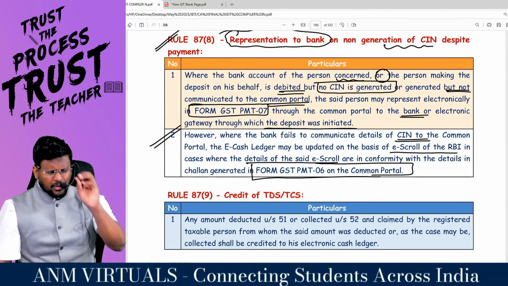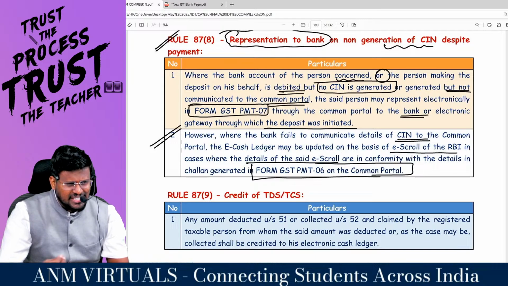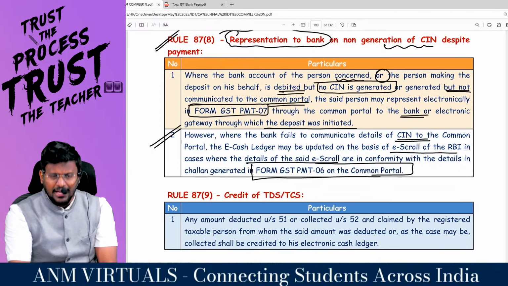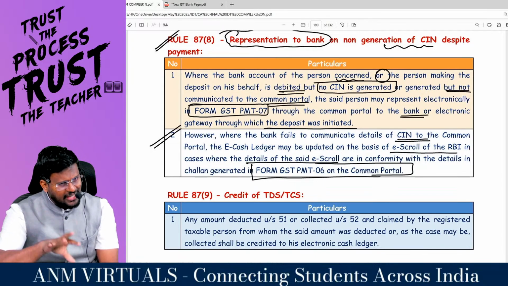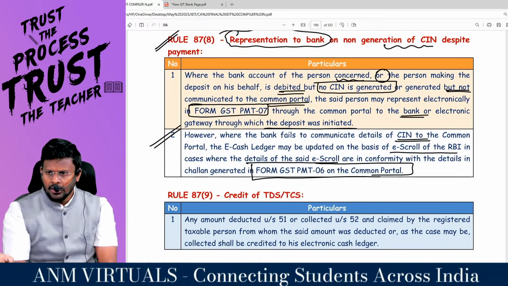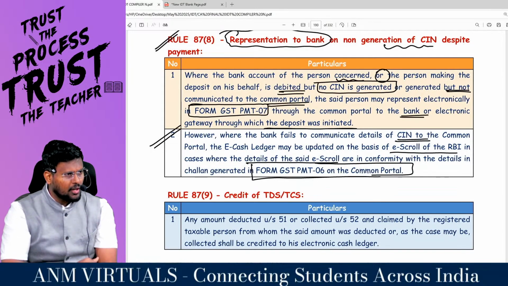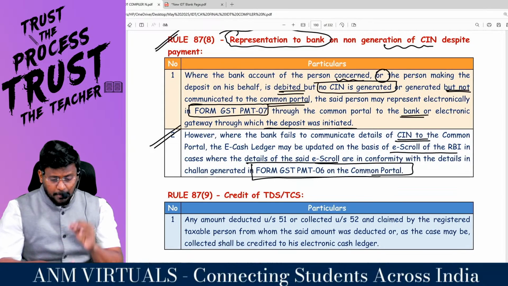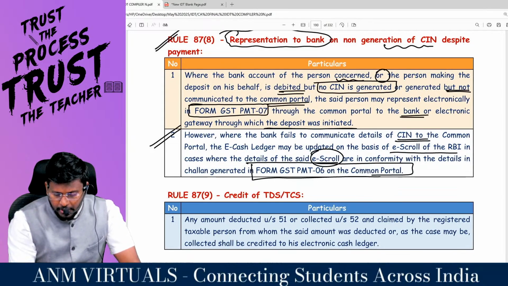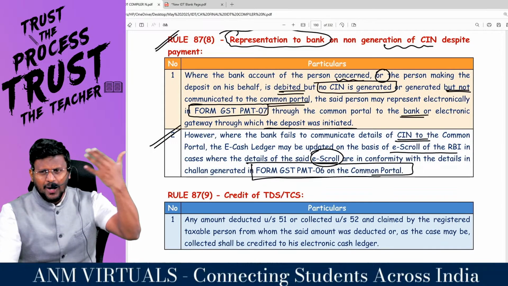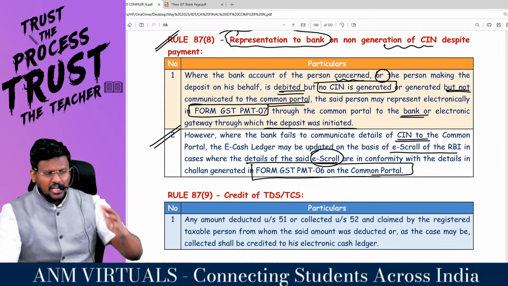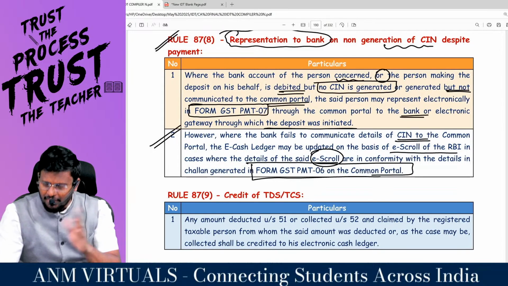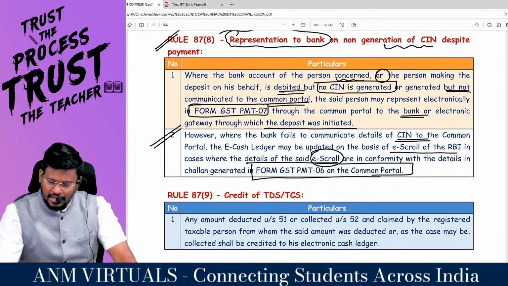So the government is saying that even though the bank has not communicated the SIN to the GST common portal, if it is confirmed that the payment has gone from the taxpayer's account, the common portal will credit that amount in the electronic cash ledger by using the e-scroll, which is the RBI's payment ledger. Sir, there our transaction would have been reflected. Based on that, our money will be credited in the electronic cash ledger.